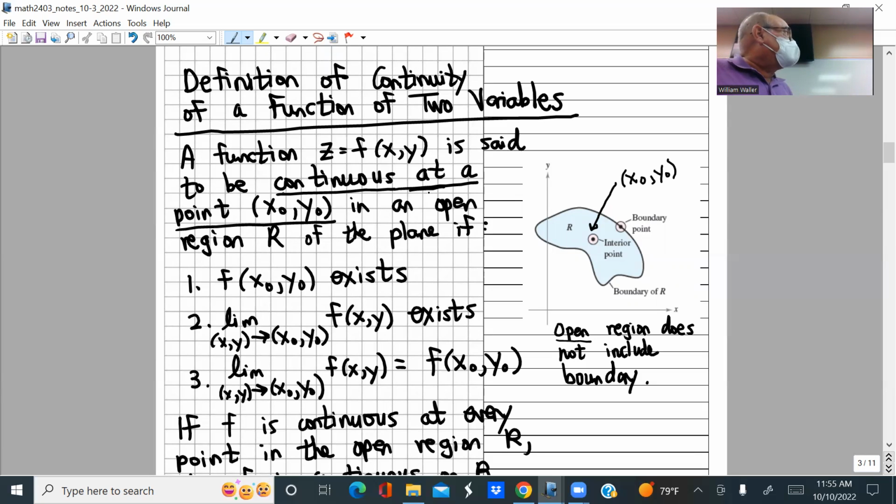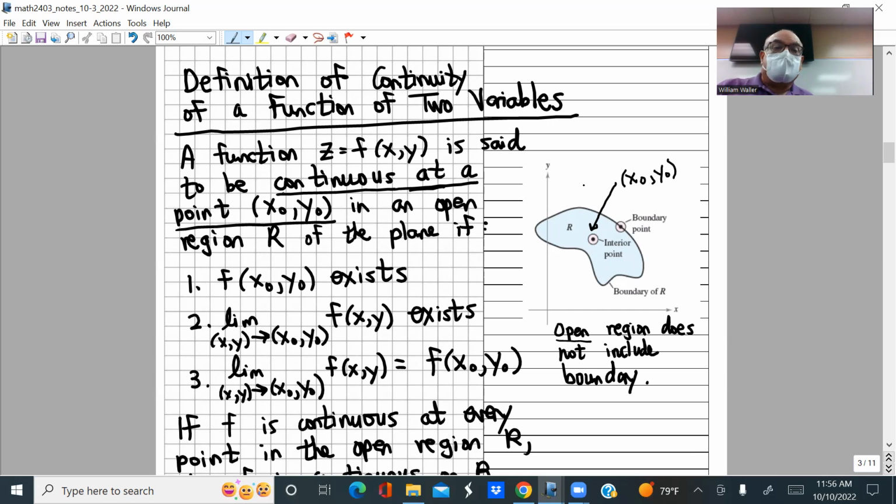Formally here, we say a function of 2 variables, x and y, with our output variable z, is continuous at some point. So this is a specific point in some region of the domain for that function, if the following is the case. Remember, the domain is a set of inputs in the XY plane.